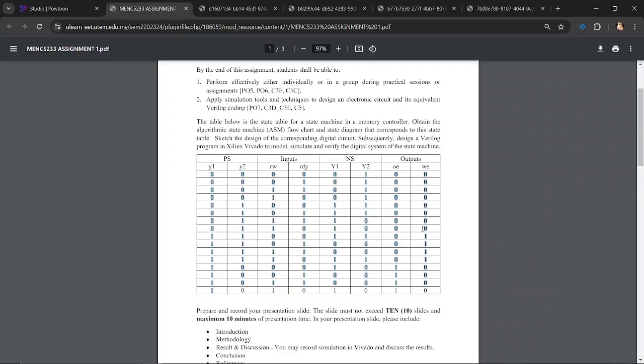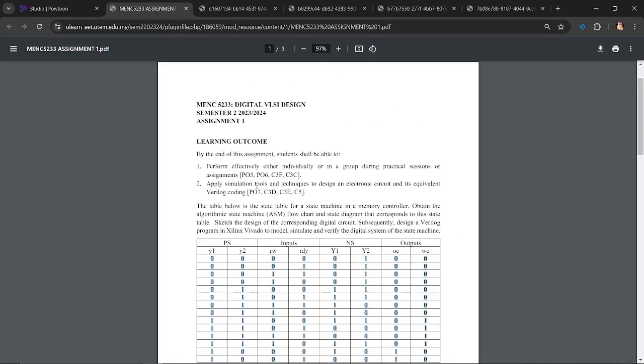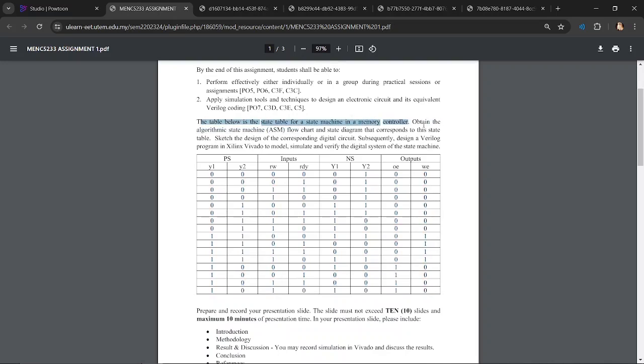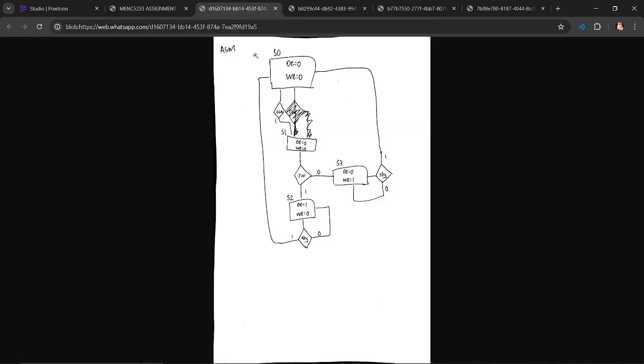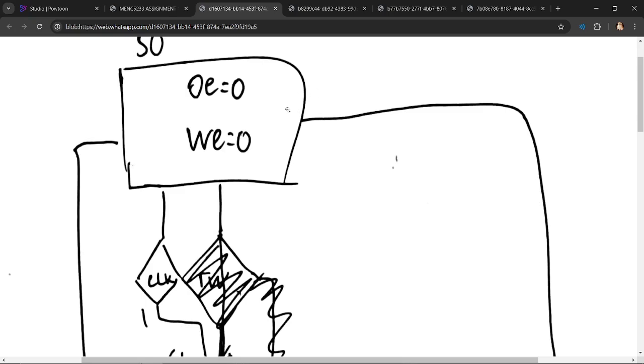So let's look at the assignment question. From the state machine table here, they want us to obtain the ASM, flowchart, and state diagram. This is my ASM.